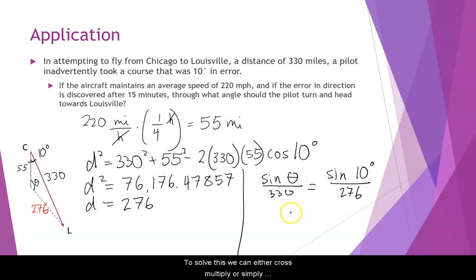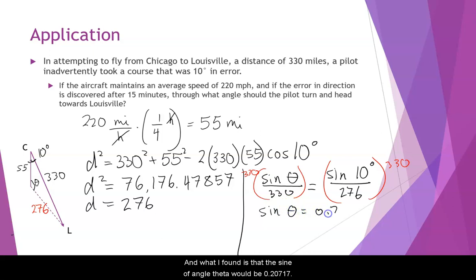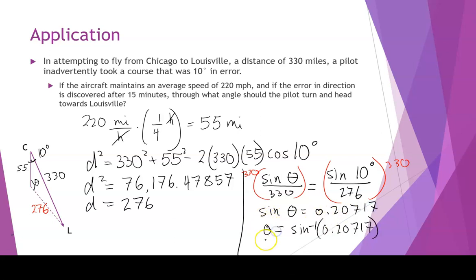To solve this, we could either cross multiply or simply multiply both sides by 330. And what I've found is that the sine of angle theta would be 0.20717. Take the inverse sine of both sides, and we end up with theta equals just about 12 degrees, 11.9565. That is not an answer that we were expecting.